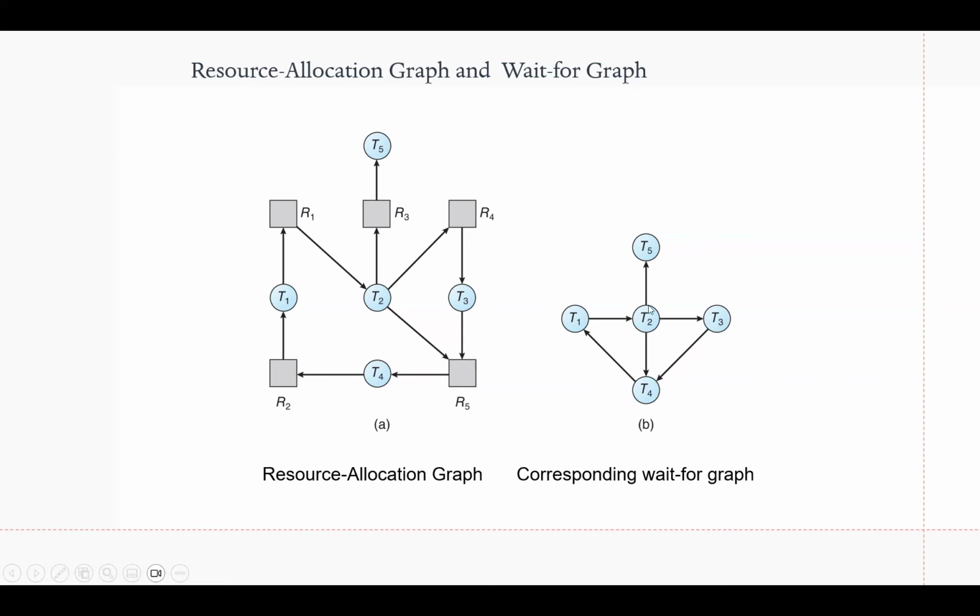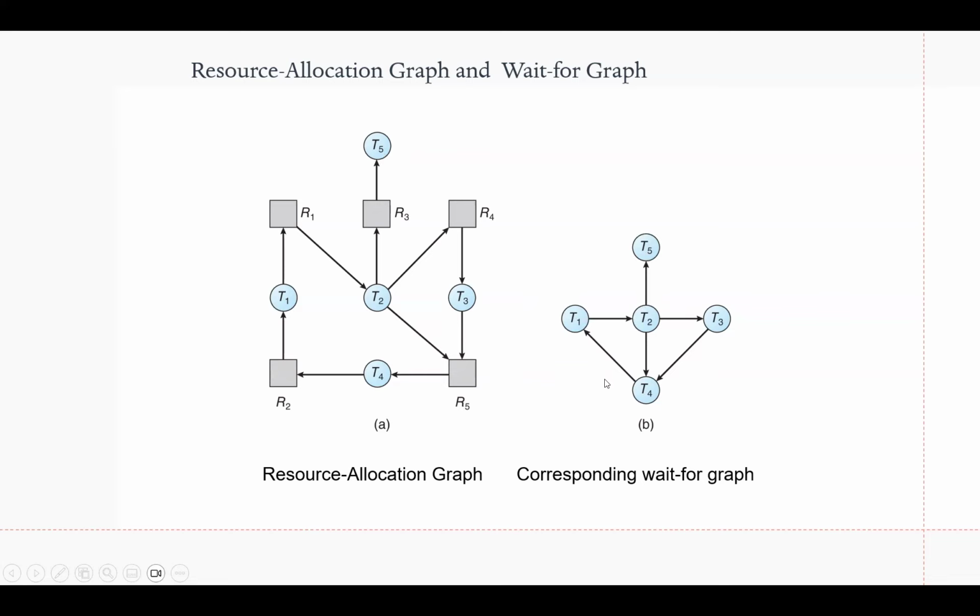Finally, the T2 to T5 edge is also there. T2 is waiting for R3 and R3 is held by T5, so we add the edge from T2 to T5. So this is the corresponding wait-for graph for this resource allocation graph.